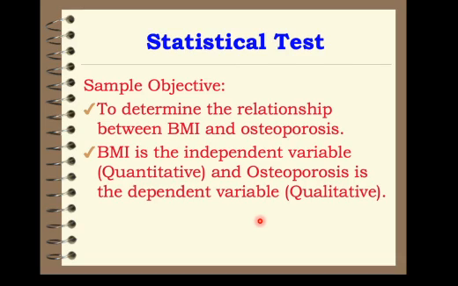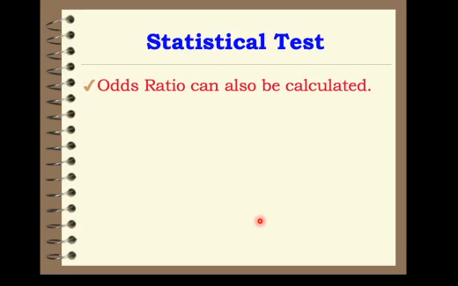And the dependent variable is osteoporosis, that's qualitative, and so logistic regression is used. As a matter of fact, odds ratio can also be calculated, and when we calculate odds ratio where the independent variable is quantitative, we talk of a unit increase in the independent variable, and then we talk of the odds, whether it is increasing or decreasing for the dependent variable.